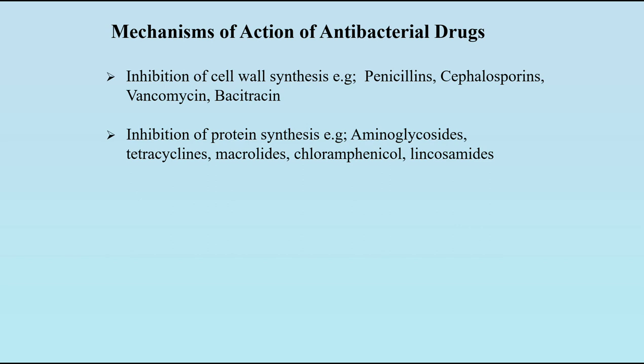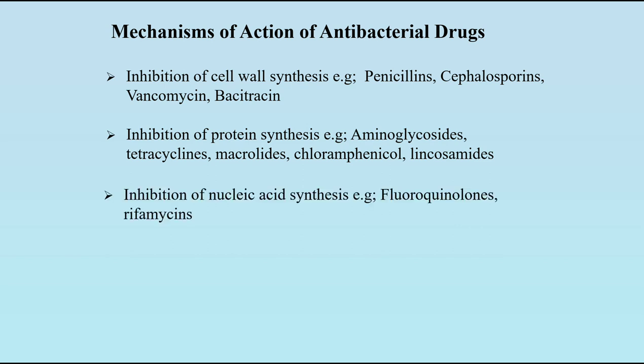So these are stopping the protein synthesis of the bacteria. Then another group are those antibiotics which inhibit DNA and RNA synthesis, that is nucleic acid synthesis. Examples of these antibiotics are fluoroquinolones and rifamycins, to name a few.